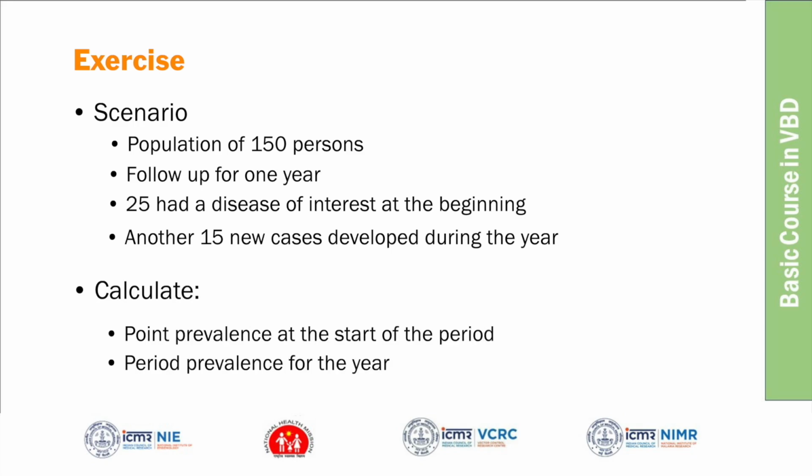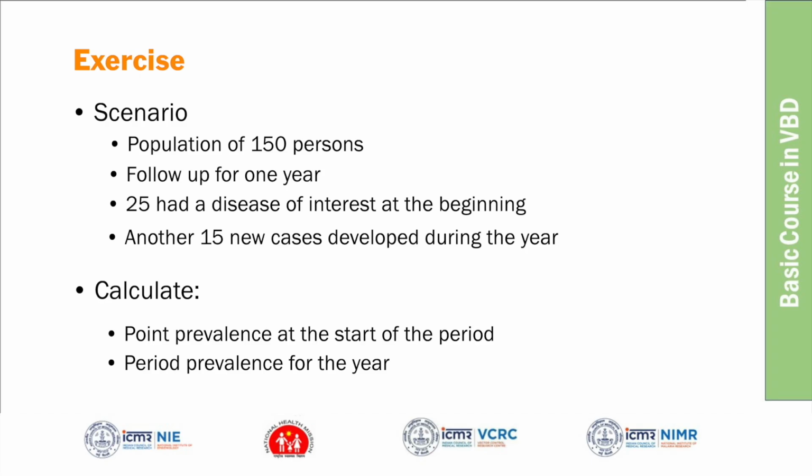Please calculate point prevalence first and write it in the chat box, and then you can calculate period prevalence. So first write point prevalence, then period prevalence. Chat box, please. Are you getting my point? For point prevalence, what is the formula? We are getting some responses, 25%, 60%. Any other responses?